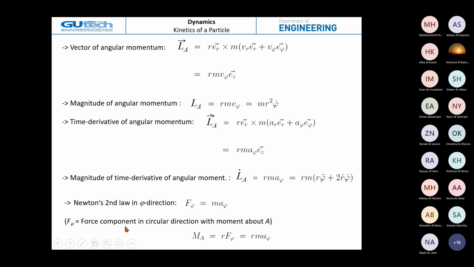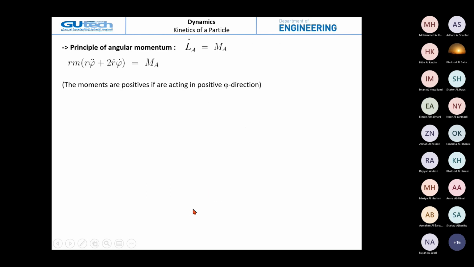Then we have the force component in the circumferential direction with a moment about A. Then we get that M_A is only r F in the circumferential direction, and this will be r m a_phi, as m a_phi is only the force F in the phi direction.